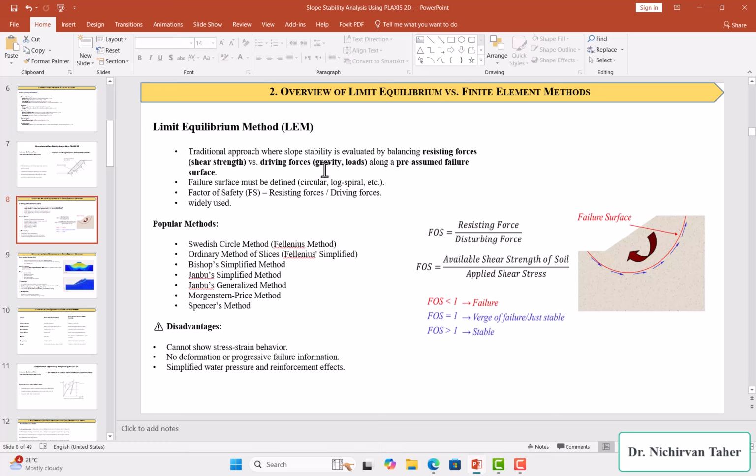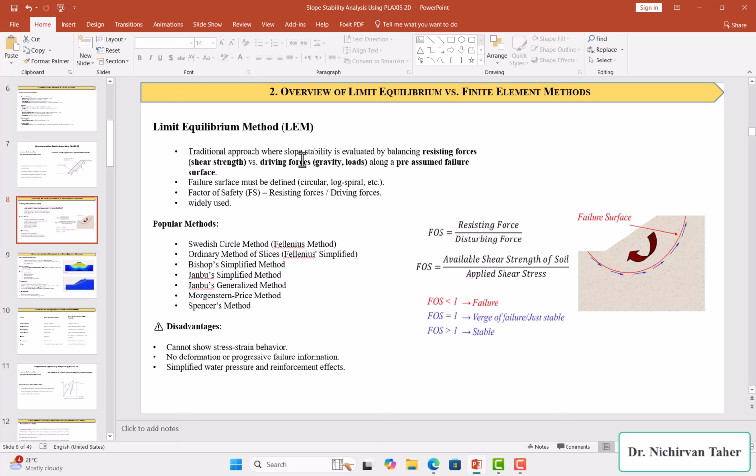So first let me explain the limit equilibrium method. It's one of the traditional approaches where the slope stability is estimated by balancing the resisting force, which is the shear strength of the soil, versus the driving force, which is gravity or external loads, along a pre-assumed failure surface. Assume we have a slope like this one.